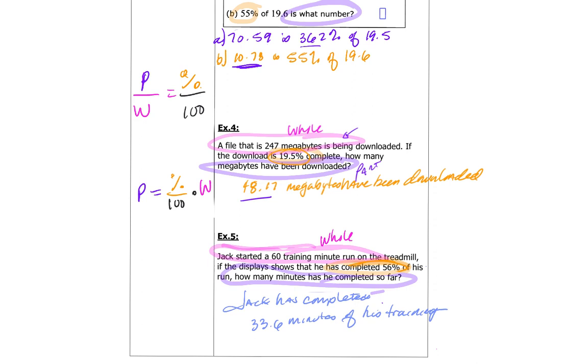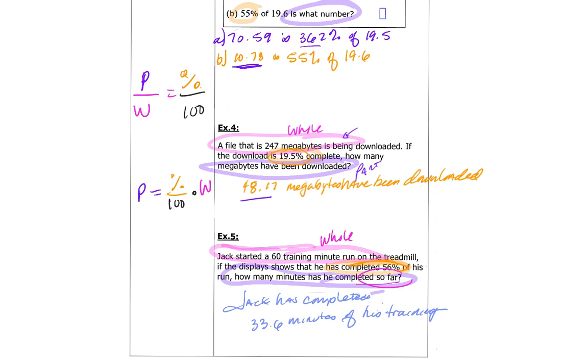So this last one, Jack started a 60-minute run on the treadmill. So that means he started one, right? And you got to be careful because at first I read this and thought maybe I made a mistake, but I was wrong. I was right in the first place. So my mistake was thinking I made a mistake. But Jack started a 60-minute run on the treadmill. If the display shows that he's completed 56% of his run, how many minutes has he completed so far?